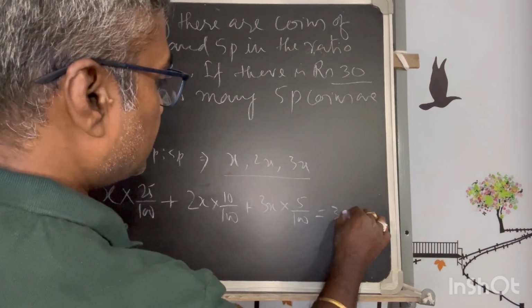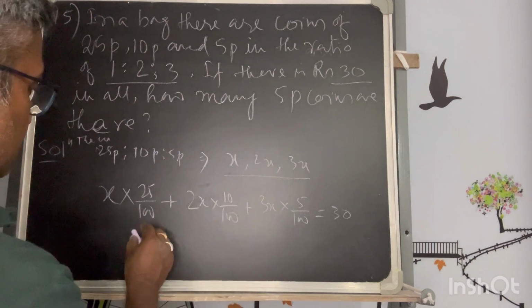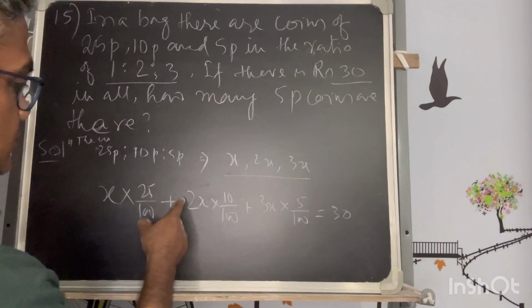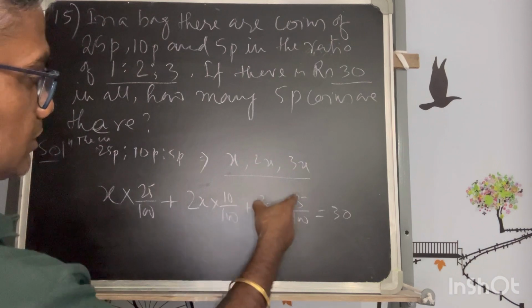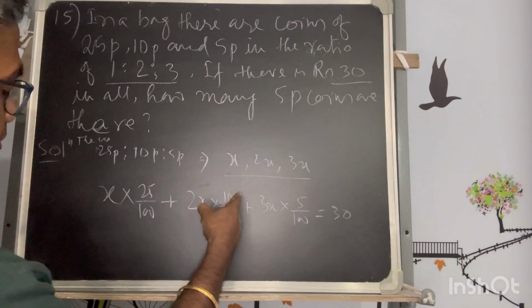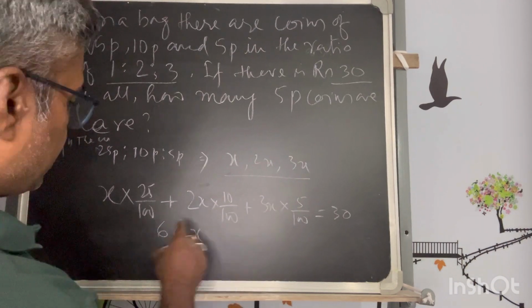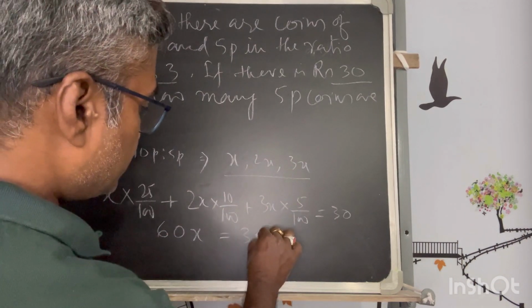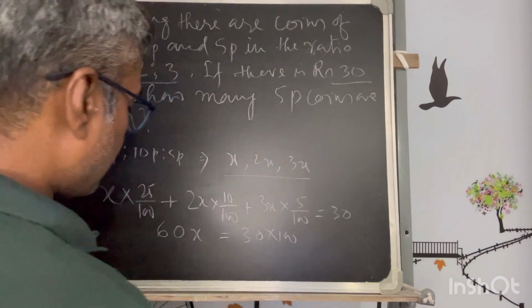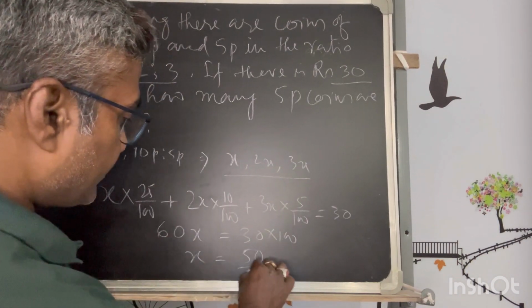So all total is 30. So we can say now this can be 25x, 20x, 15x. So 25 and 20, 45, 15, 60. So 60x, and 100 will go there. This will be 30 into 100. Understood? So what is your x? It is 50. Understand?